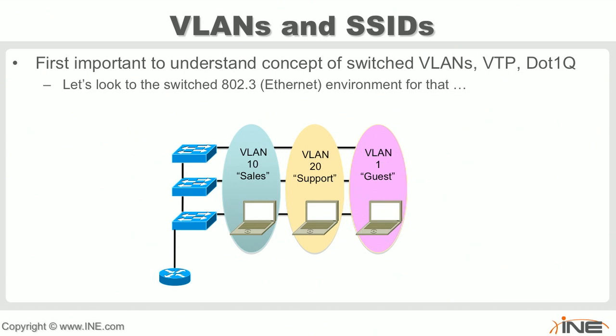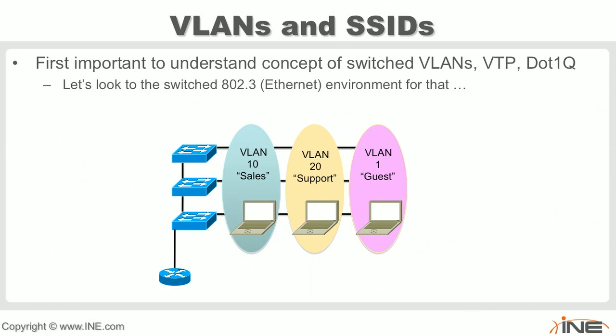There are Cisco proprietary ones known as ISL, Inter-Switch Link, but the industry standard is what almost everyone, including Cisco, recommends and uses in today's environments. It's colloquially referred to as .1Q, but properly referred to as the 802.1Q trunking protocol, or specification, by the IEEE.